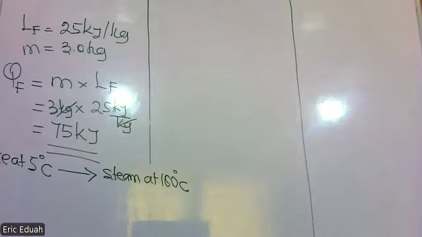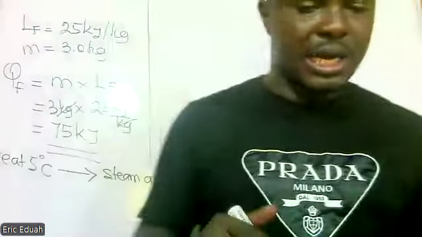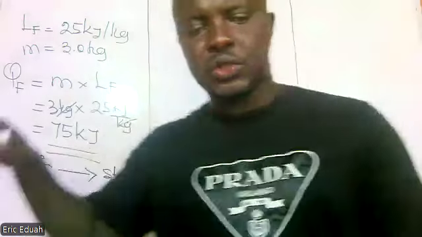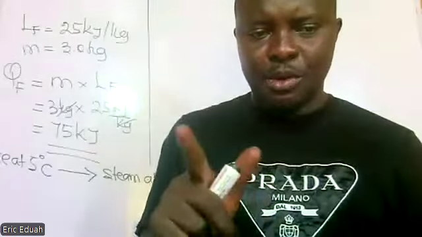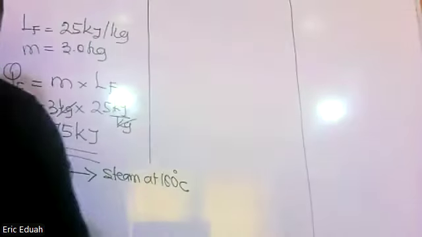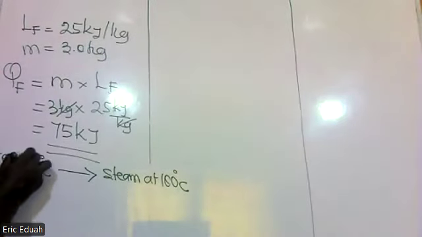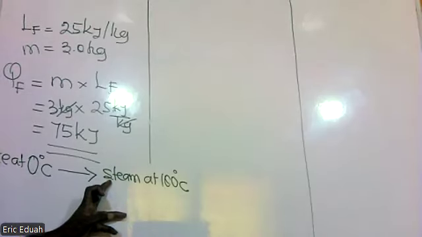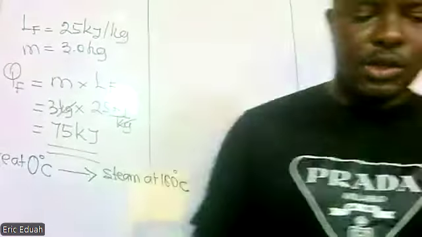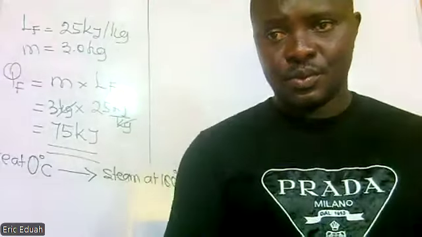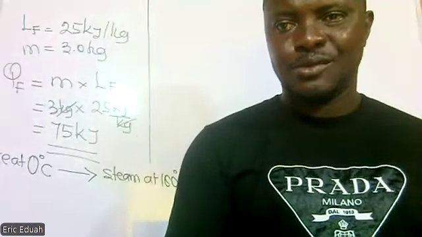And we are to calculate the quantity of heat energy required to change 5 kilogram of ice at 0 degrees Celsius to 5 kilogram of steam at 100 degrees Celsius. I want you to think through this in about 5 minutes to see what you can. Then we all solve it.